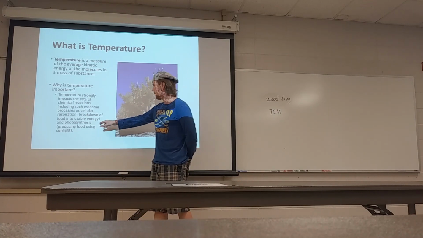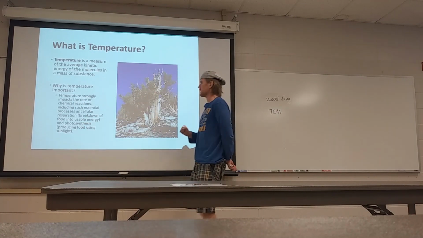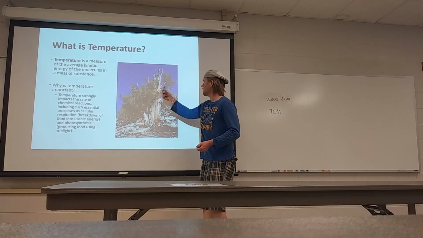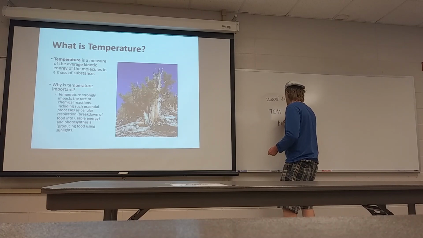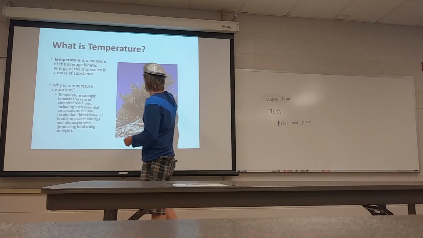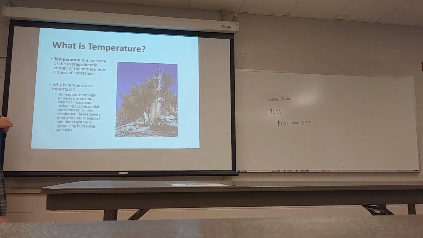For instance, photosynthesis is the process where plants make food using sunlight. This tree is a bristlecone pine, and that specimen might be, I don't want to give an exact number because I'm not sure, but it's not that tall.